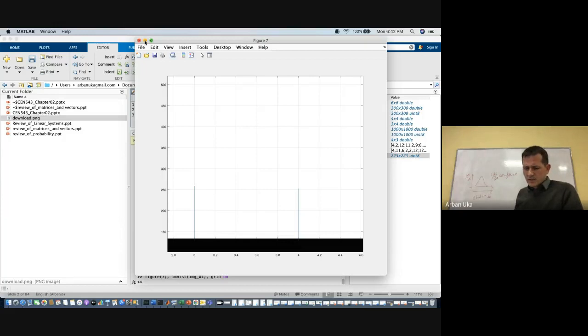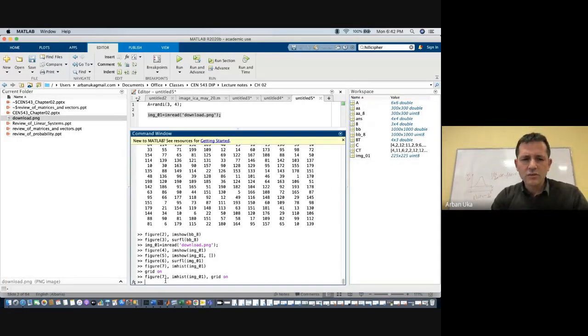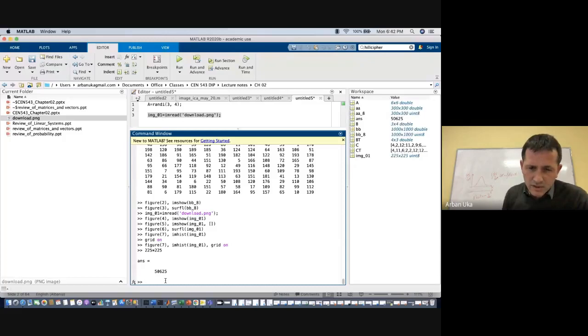What n is, in this case, for this histogram, is in fact the total number of pixels in an image. So assuming that we are dealing with this image 01, IMG 01, n in this case is 225 by 225, 225 multiplied by 225. So it looks like the integral of this histogram is going to be equal to 50,625, okay?